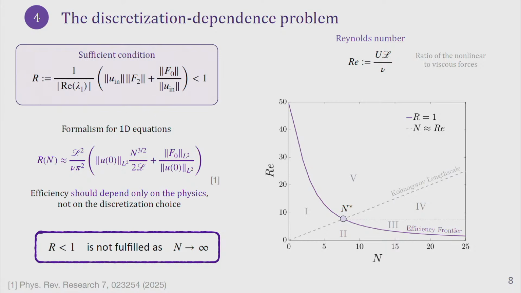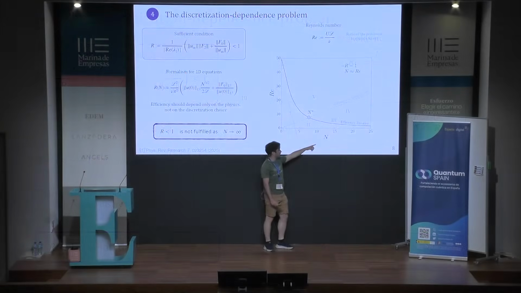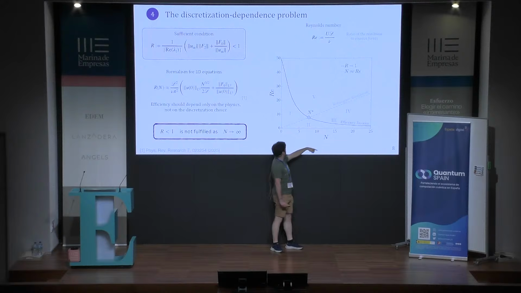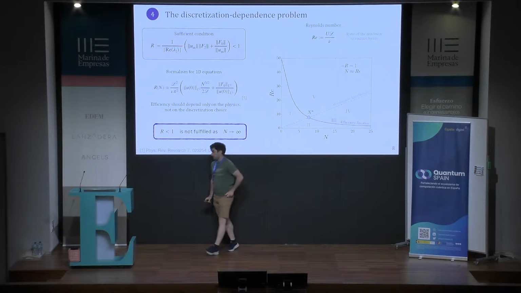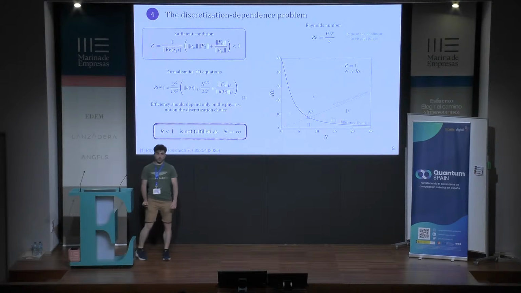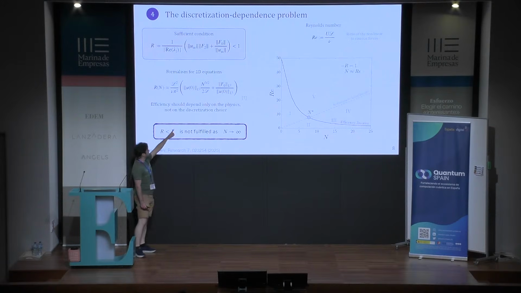If we want a fine resolution and increase n, the number of points, we are only able to simulate low Reynolds numbers, that is, low nonlinearities. This is quite a problem because this efficiency should not depend on the discretization, but only on the physics.